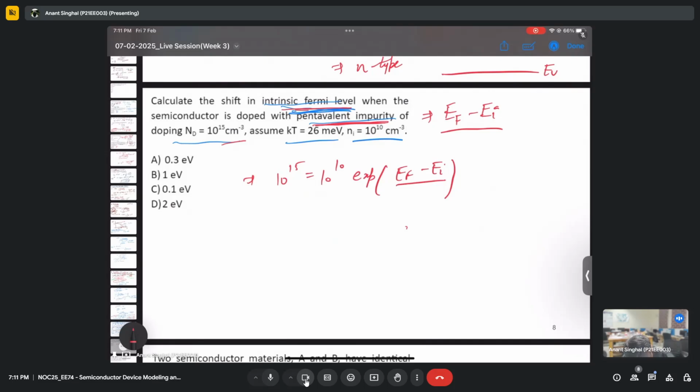KT is 26 milli electron volt, so it will be nothing but 10 to the 5. So EF minus EI, you always try to take the log of everything, so that makes things easier. So it is nothing but 26 milli electron volt times ln 10 to the 5. This is coming out to be 0.3.